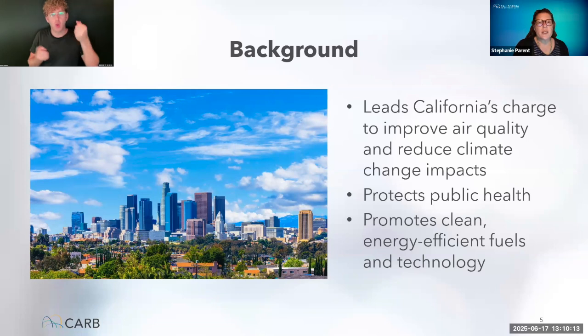CARB sets California's own health-based air quality standards statewide for vehicles, fuels, consumer products, and sources of toxic air contaminants. It is the only state permitted under the Federal Clean Air Act to set its own requirements for motor vehicles. CARB also sets significant goals and develops and implements programs to address greenhouse gas emissions.